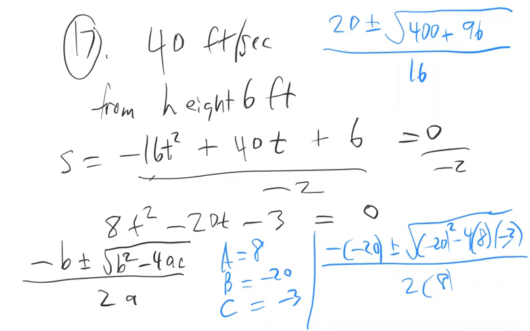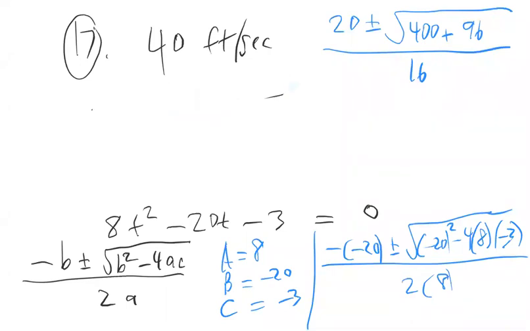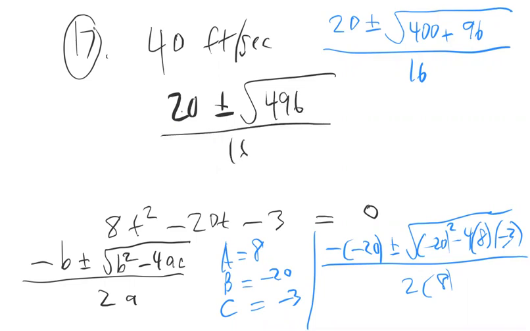So let's keep on solving. So let me erase some of this. I don't need that anymore. So let's see. 20 plus or minus the square root of 496 divided by 16. So let's find the square root of 496. Let me type that into my calculator real fast.